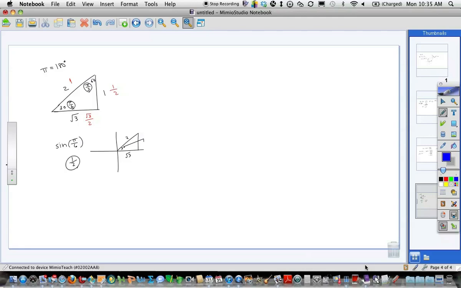You need to be able to get those values without a calculator. Not for tomorrow's quiz, but down the road, anytime there's a no calculator quiz, and there's something that asks about sine of pi 6, you got to know that's 1/2. If that means you have to draw yourself a little picture of a 30-degree triangle, then that's fine. Go ahead and do that and use SOHCAHTOA. All right?